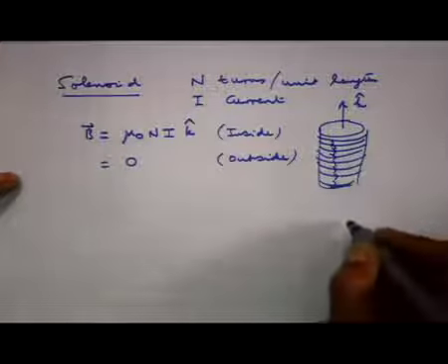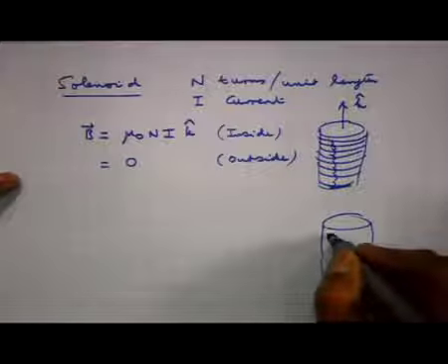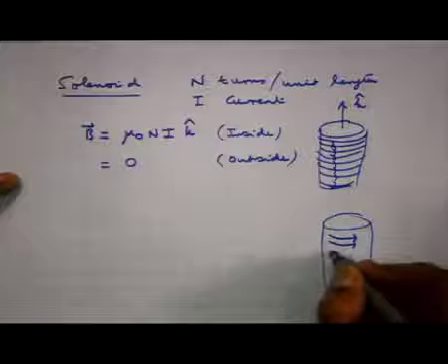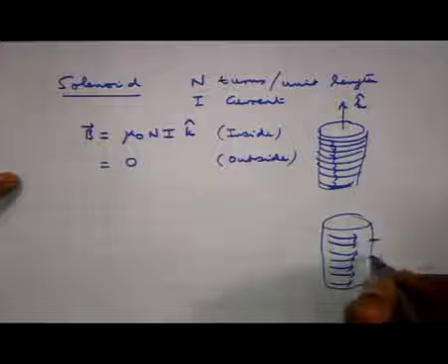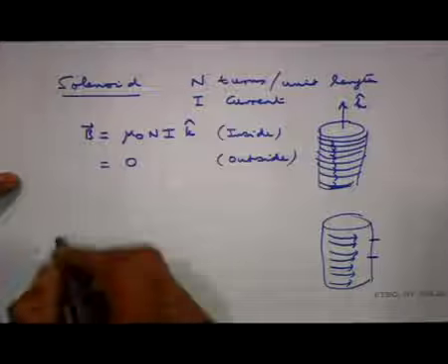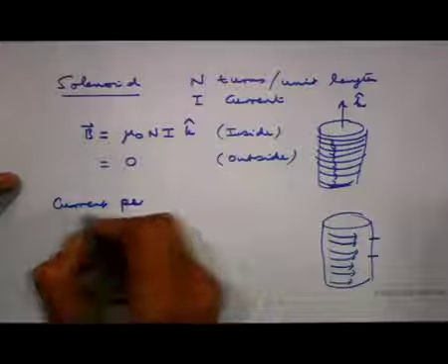So, I can imagine as if the solenoid has a current going like this. These are wires carrying actual current. So, if you take a unit length, what will be the current per unit length?